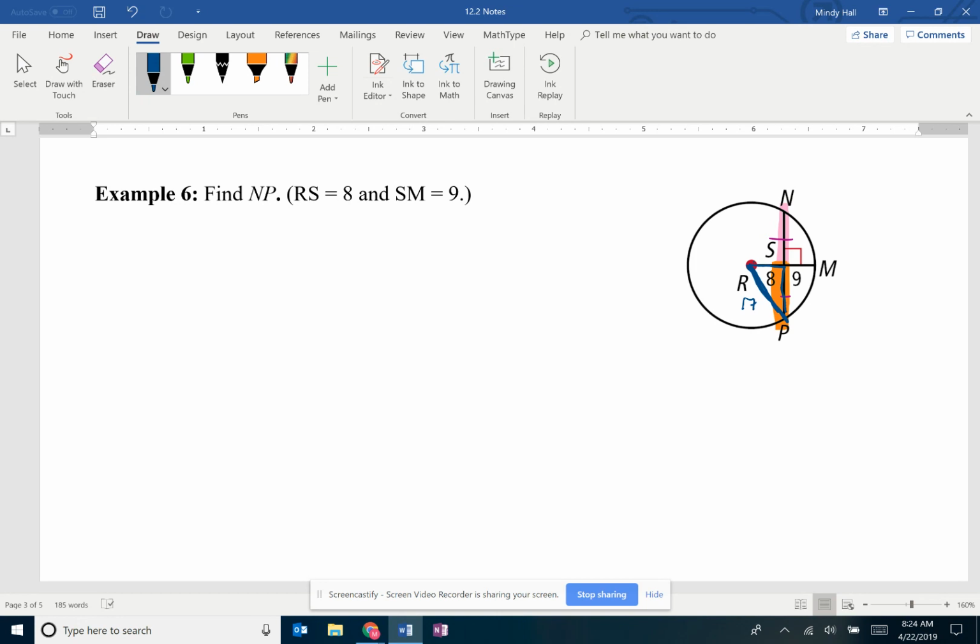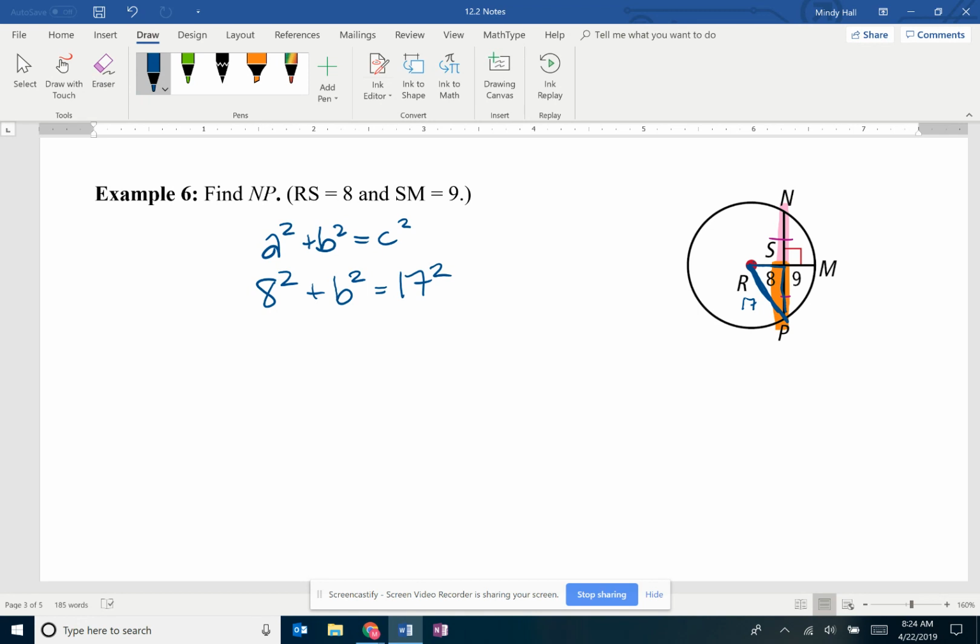Then we're just using Pythagorean theorem. A squared plus B squared equals C squared. One of my sides is 8 squared, that's RS. I don't know what my other leg is, so I'm going to leave that as B squared. My hypotenuse is 17 squared, because that is RP.